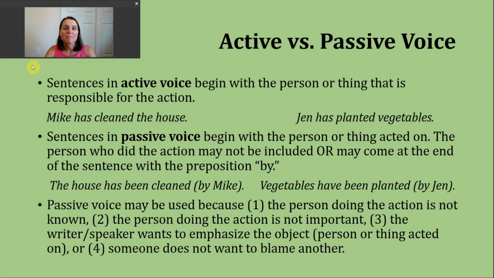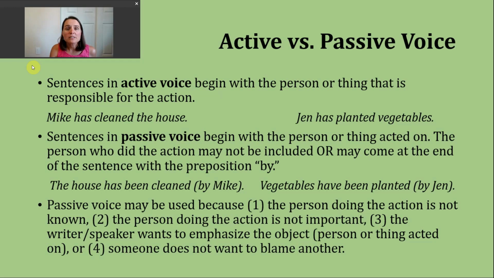Now, all this week, I'm going to be talking about the active and the passive voice. And before we do some sample sentences with our verb of the day, I feel like it's always good for us to review a little bit about the difference between the active and passive voice. So in most of our week's practices, I use the active voice. So my example sentences begin with our subject, the person or the thing that is responsible for the action.